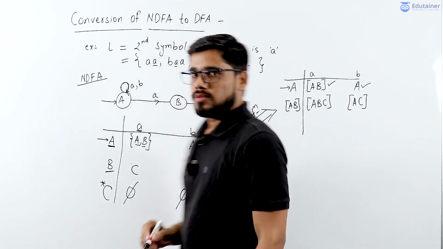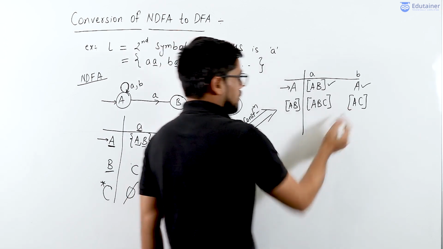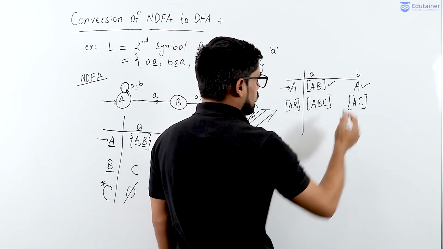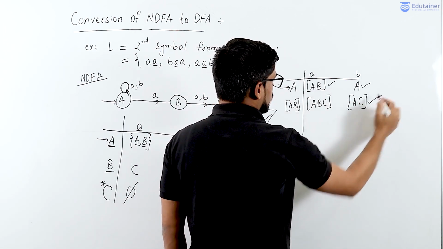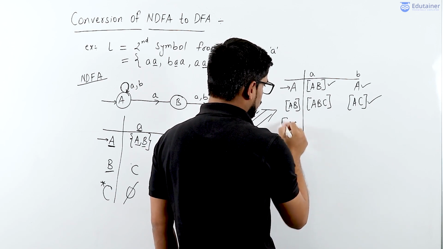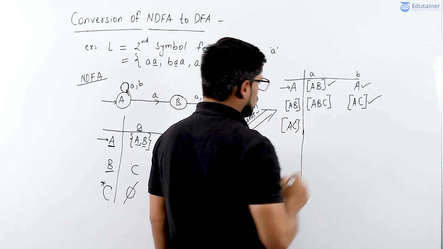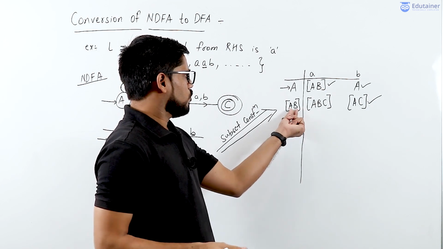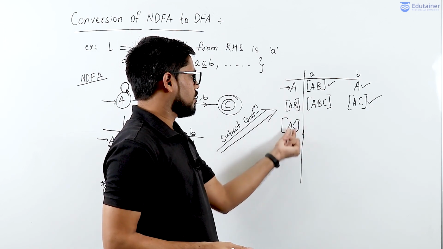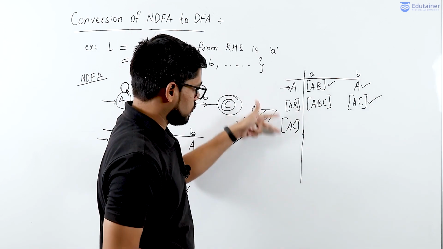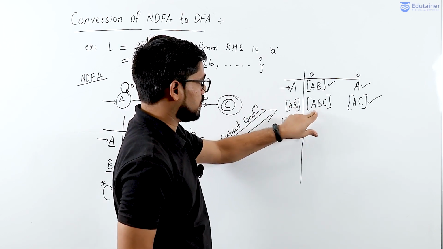Next are ABC and AC. You can choose any one of them. Let's say I will choose AC first, because I want to complete the states with two variables first, and after that I will cover the one with three variables.